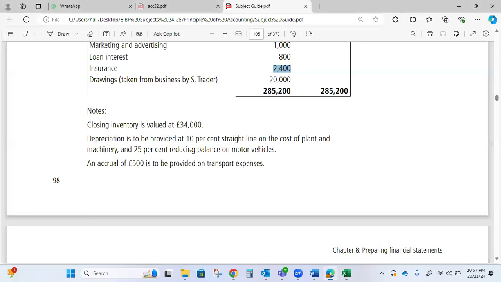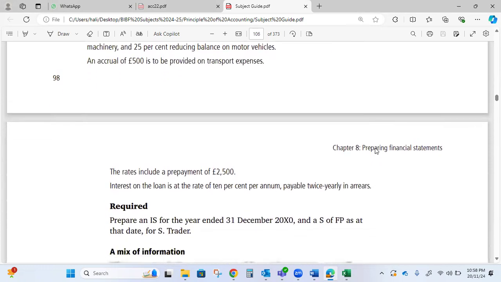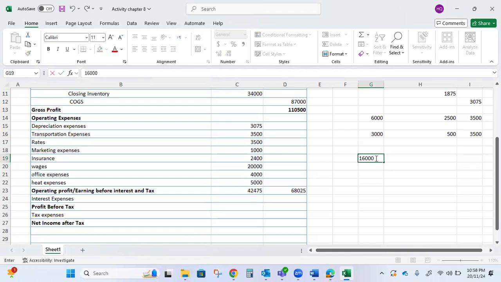If you look into the data, interest was 800, but your loan money was 16,000. According to the rules or according to the given adjustment at the end, you are supposed to pay 10% per annum on 16,000. So if I calculate the calculations, 16,000 is the loan money and 10% is the interest on this.